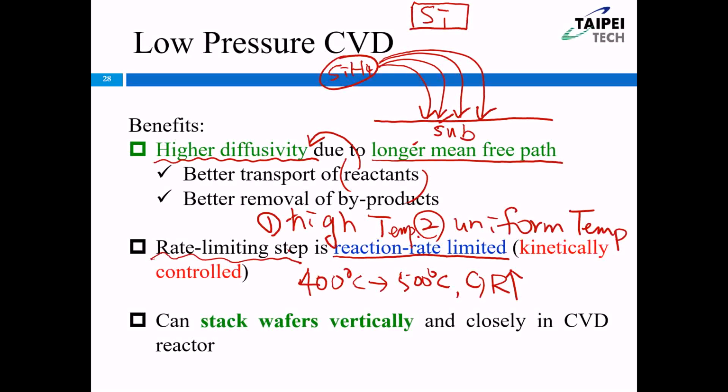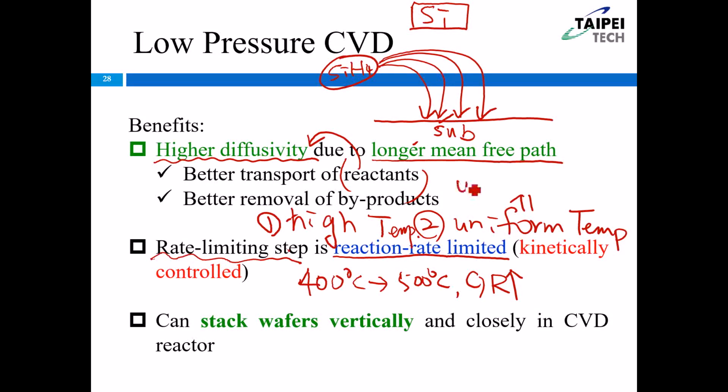The growth rate is determined by the reaction rate. High temperature makes sure we have a higher growth rate, and uniform temperature makes sure we have uniform thickness.